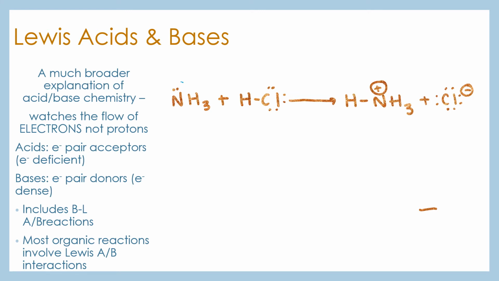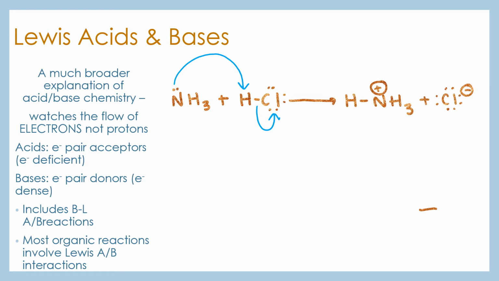Ammonia has this lone pair here, and we know that hydrochloric acid, being a strong acid, wants nothing more than to donate its proton. So ammonia takes the proton, and hydrochloric acid is donating a proton. That is the Bronsted-Lowry definition.